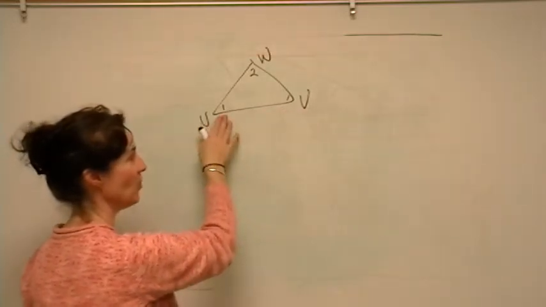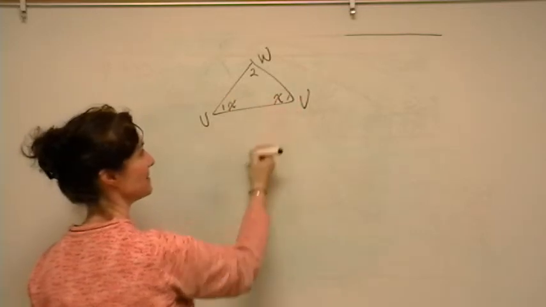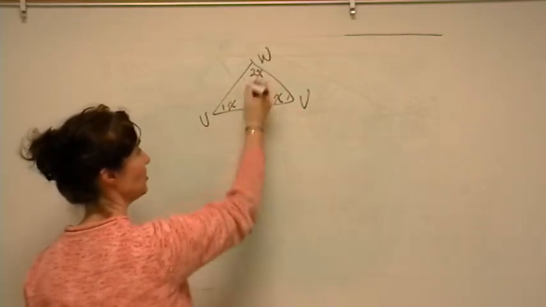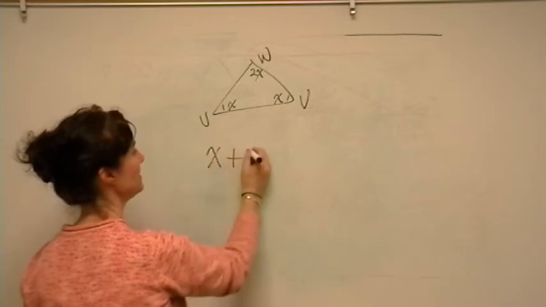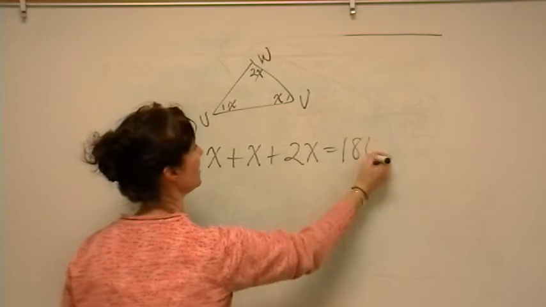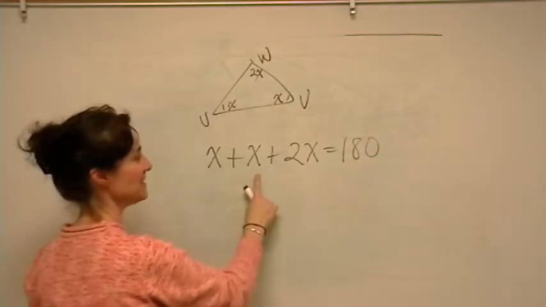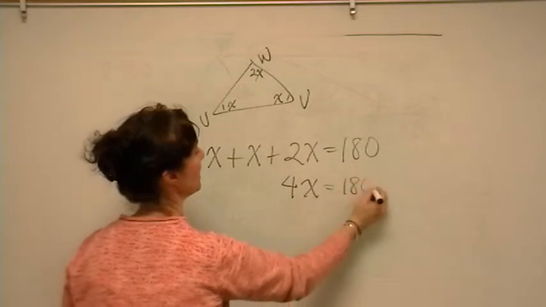So if we have 1, 1, 2 is the ratio, that's like this is X, and this is X, and this is 2X. So we have X plus X plus 2X equals 180 degrees. X plus X plus 2X is 4X equals 180 degrees.